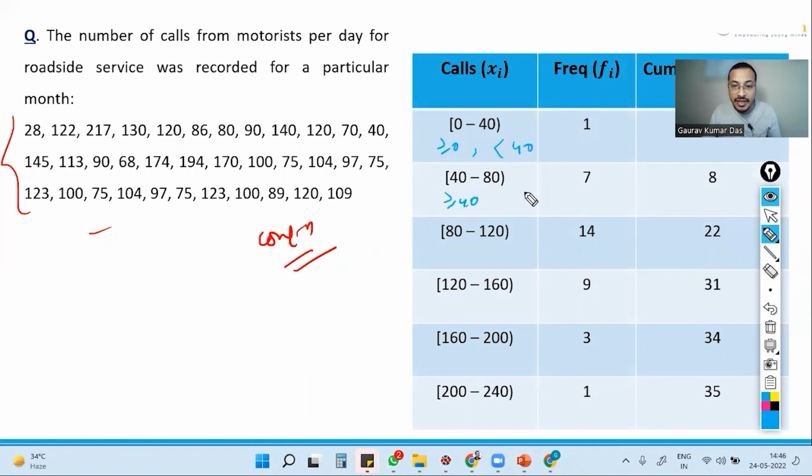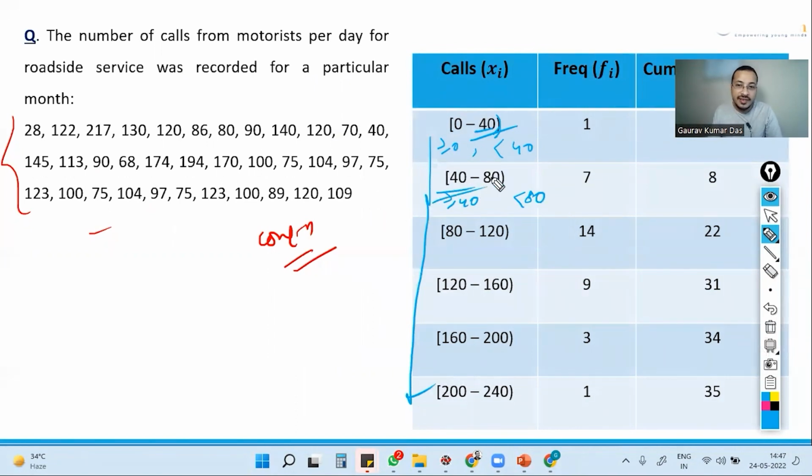Then greater than or equal to 40 and less than 80. Right? When you have a round bracket, it means it does not include that. When you have a square bracket, it means it includes that. So it's continuous data, guys. 39.99999 will also fall here. 40.000001 will also fall here. 40 itself will fall here as well.